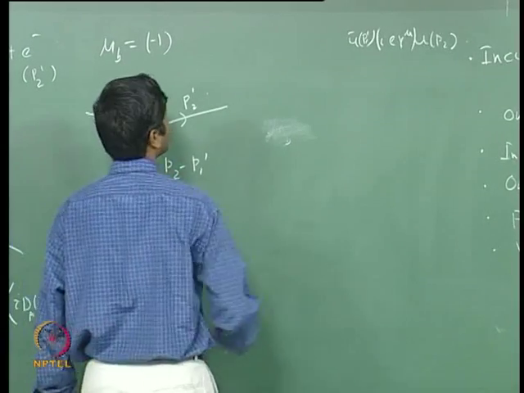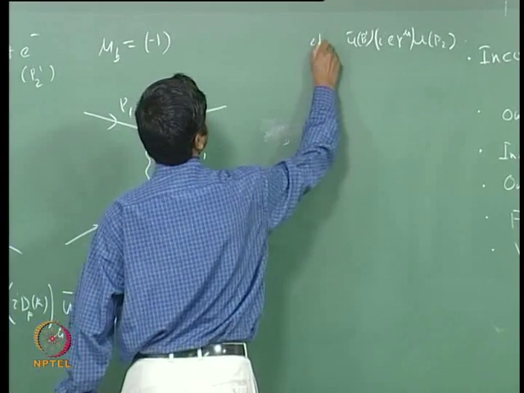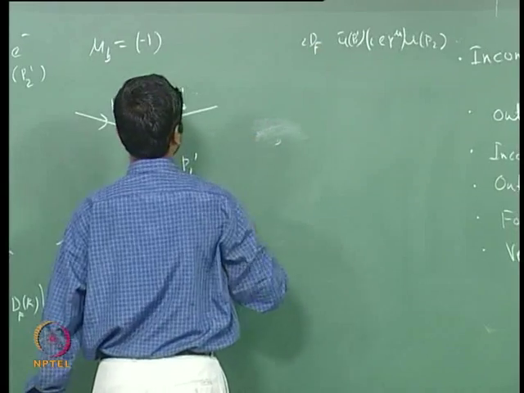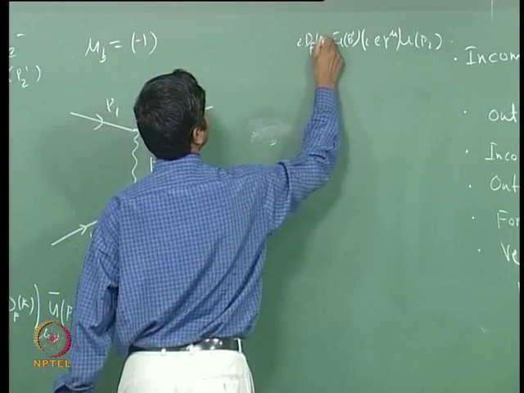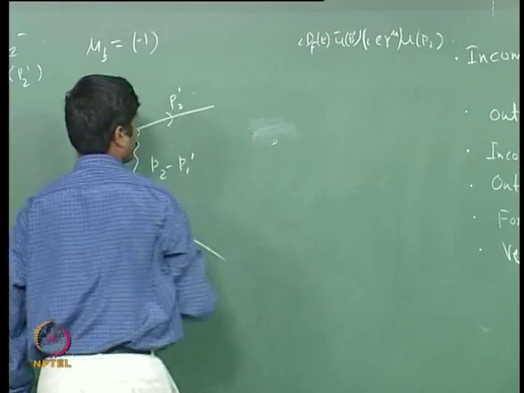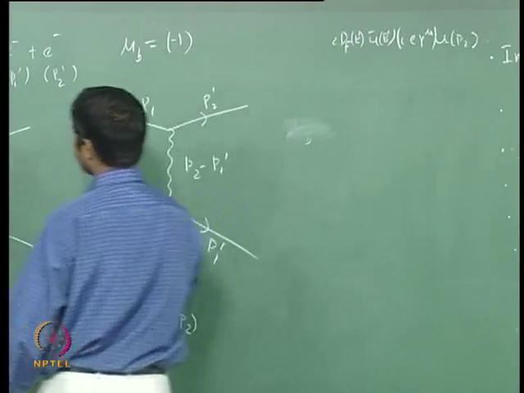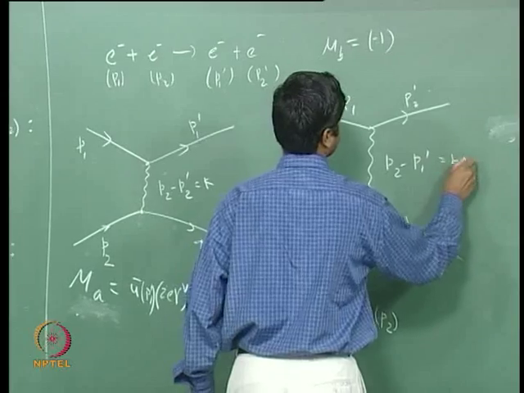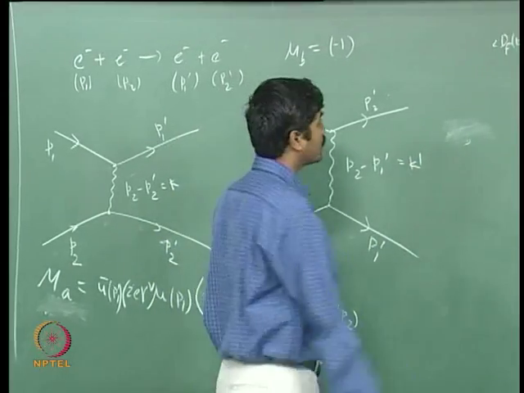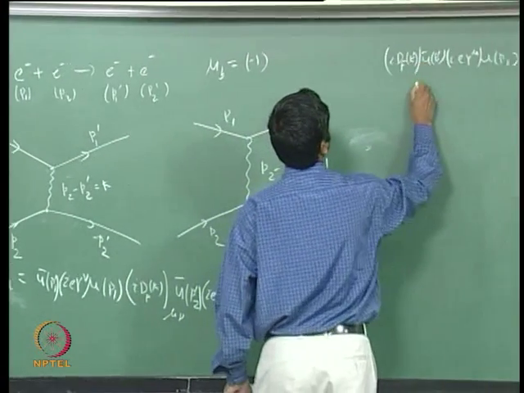Then you have a propagator iD_F(k'), where p2 minus p1' we call k'. This is k and this is k'. So, iD_F(k')_μν.